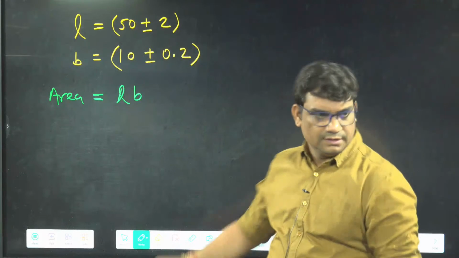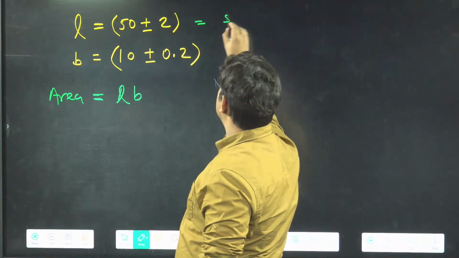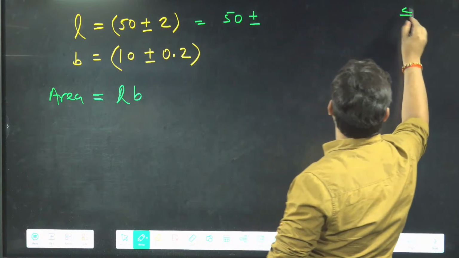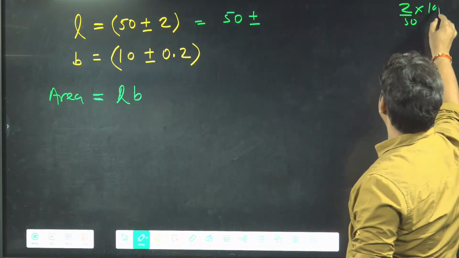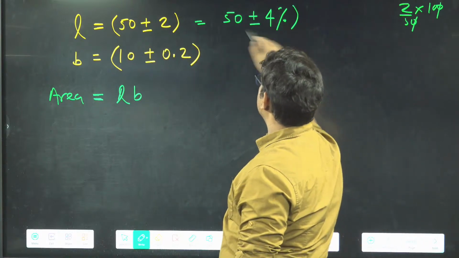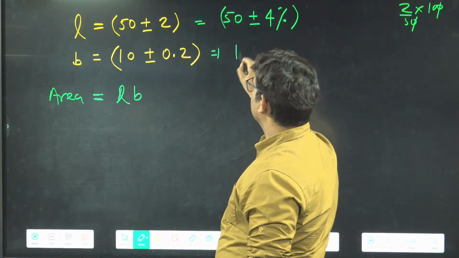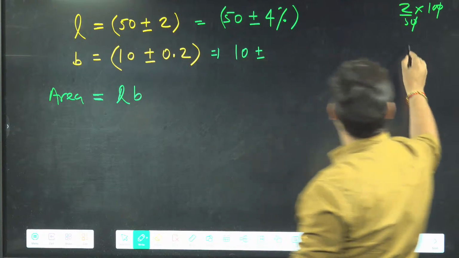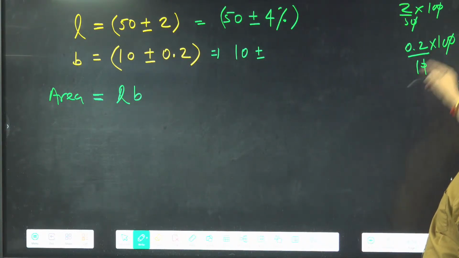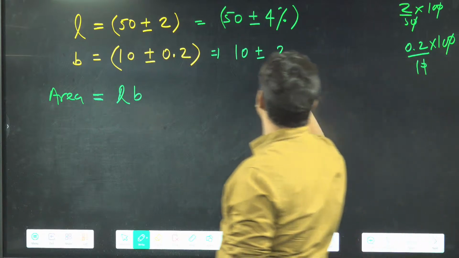Yes, because we can write this one as 50 plus minus, and 2 by 50 into 100, so that becomes basically 4% here. Then we can say this becomes 10 plus minus 0.2 divided by 10 into 100. Each time you have to do this. So this is 2%.